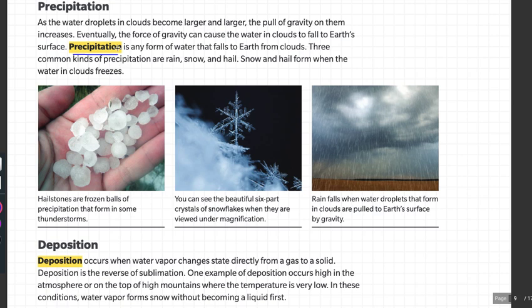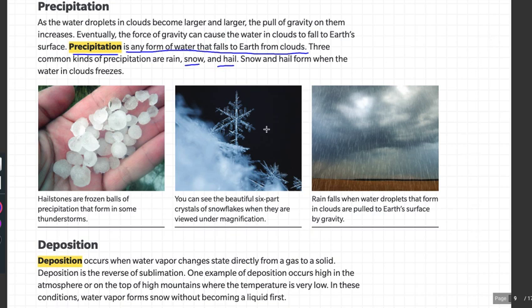So precipitation is any form of water that falls from the clouds to Earth. It's a fancy name for rain, but it also includes things like snow and hail. Snow is essentially when the water droplets freeze on the way down.